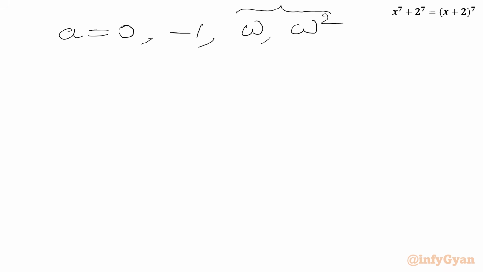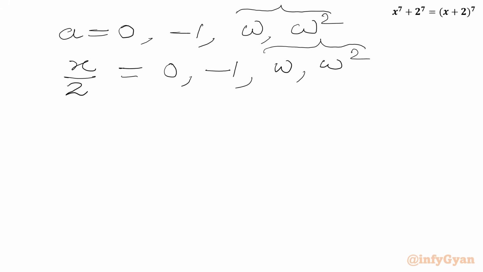Now a was our substitution, x over 2. So I will write here x over 2 equal to 0, negative 1, omega, omega square with multiplicity 2. Now we'll multiply both sides by 2 to get our final x solutions.